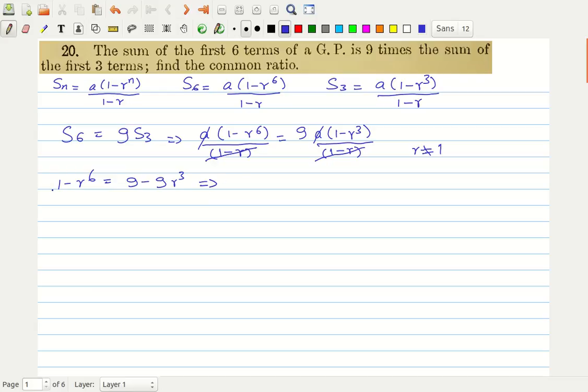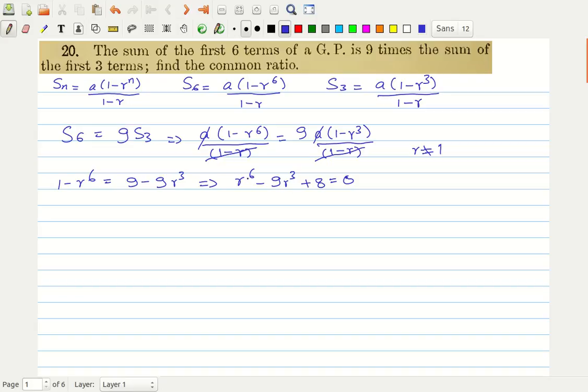So bringing everything on the left hand side to the right hand side, we get r to the power 6 minus 9 r cube, and then this is 9 minus 1, which is plus 8, is equal to 0. Now this is an equation in r to the power 6, so the highest degree is 6.